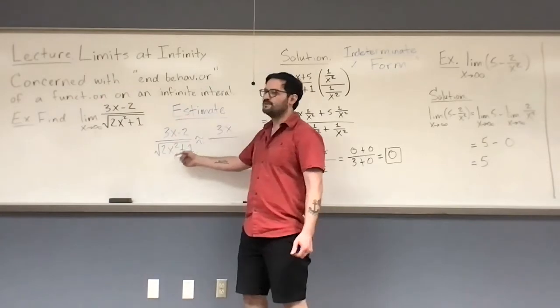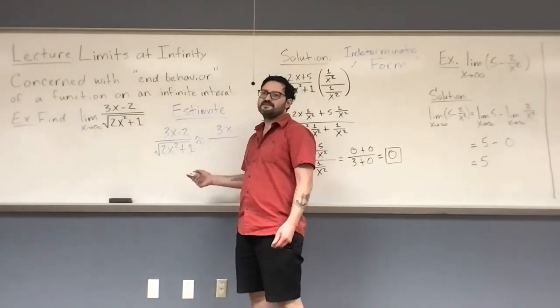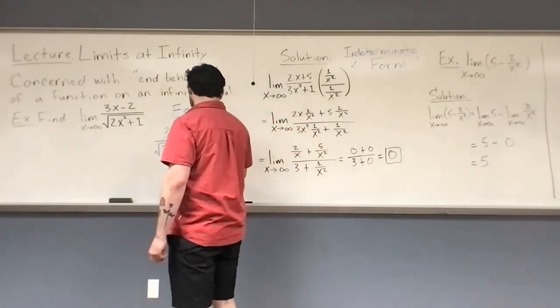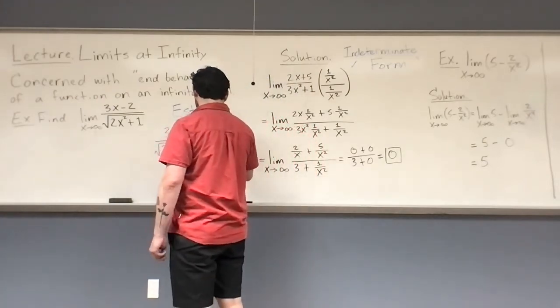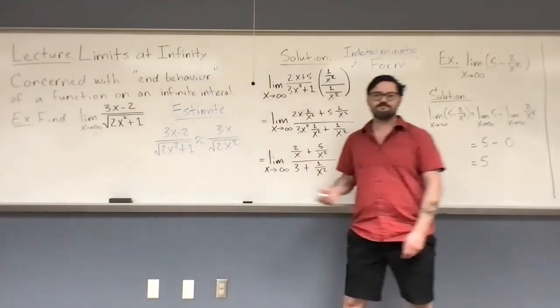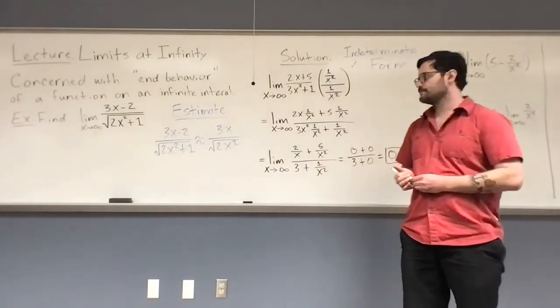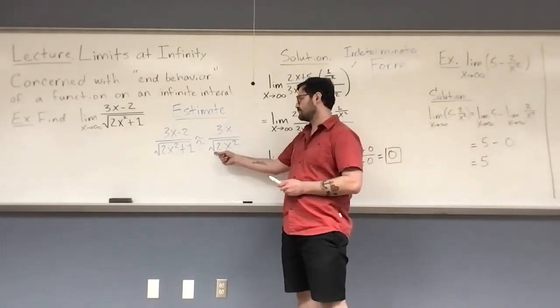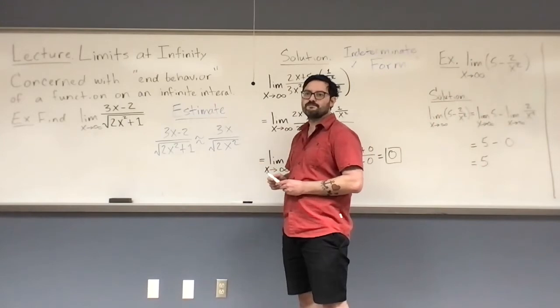And 2 times a billion squared plus 1 is basically 2 times a billion squared. Well, what I was going to say next is the square root of x squared is just x.